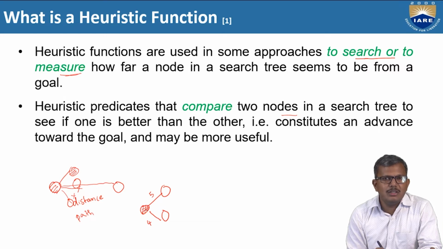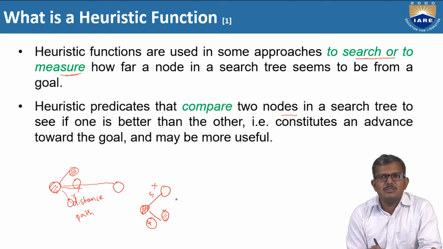If the AI agent wants to move from this particular point to the next point, which node should be selected? In most cases, the node having the shortest distance from the initial or current state will be selected. Here we have only 4 as the distance between these two points, so by ignoring this path, we can move towards this node.